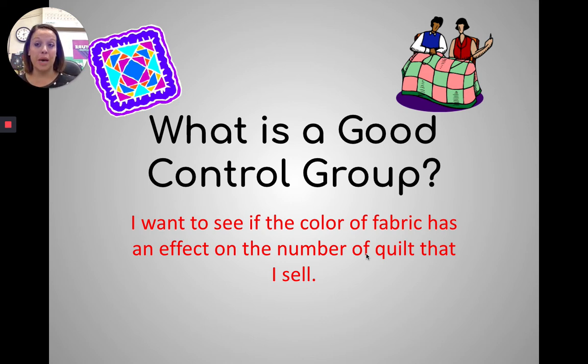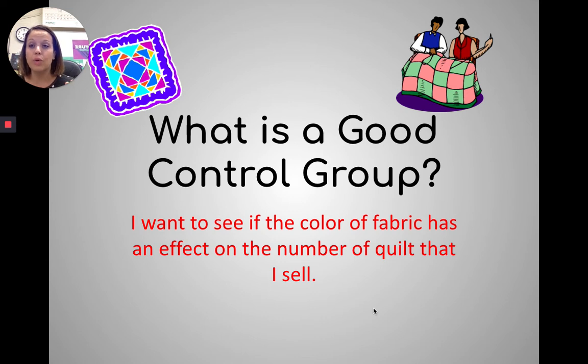So remember, the best way to start finding control group is to know what your independent variable is. We're old pros at that. So I look at this and I see I want to know if the color of fabric has an effect on the number of quilts I sell. Well, the thing that I would be changing from trial to trial is the color of fabric, okay? That's my independent variable.